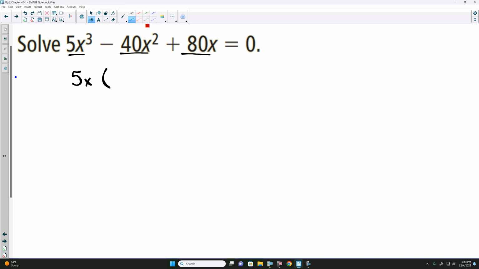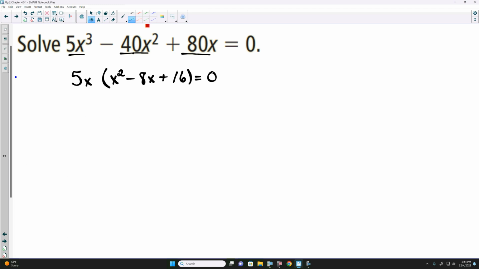If we factor 5x out of 5x cubed, we get x squared, because our 5 factors out. 5 divided by 5 is 1. And we remove an x from x cubed, we get x squared. Minus 40 divided by 5 is 8x, and when we take an x away from x squared, we're left with a single x. 80 divided by 5 is 16, and the x factors out completely.